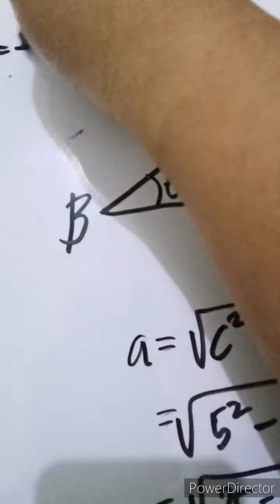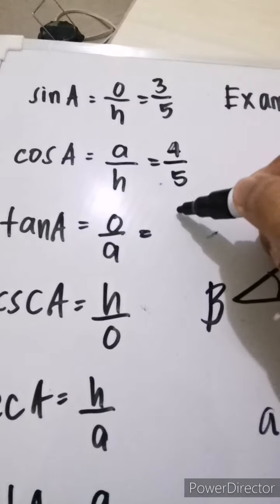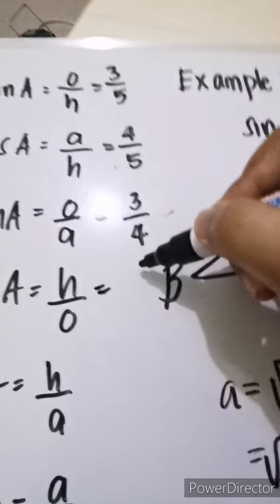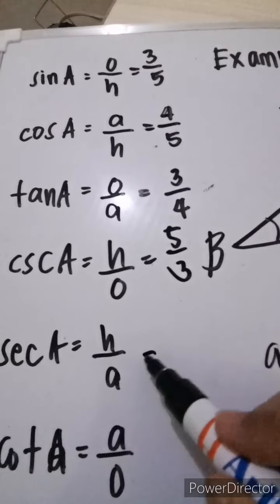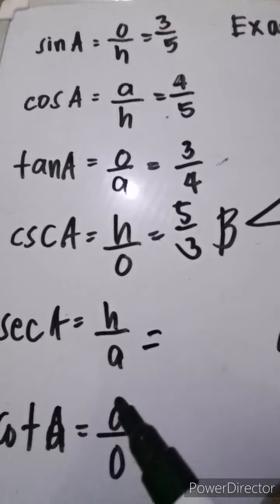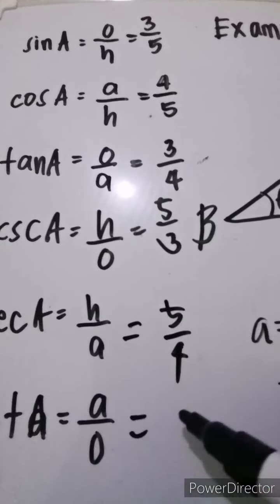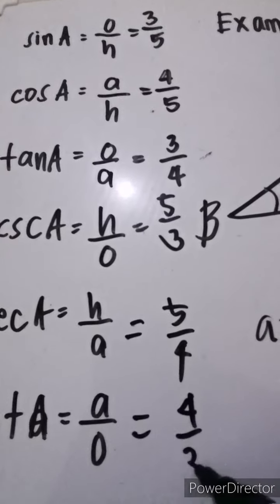So, this will become 4 over 5. Our tangent is 3 over 4. Then, for cosecant, we have 5 over 3. For our secant is 5 over 4. And for our cotangent, it is 4 over 3.